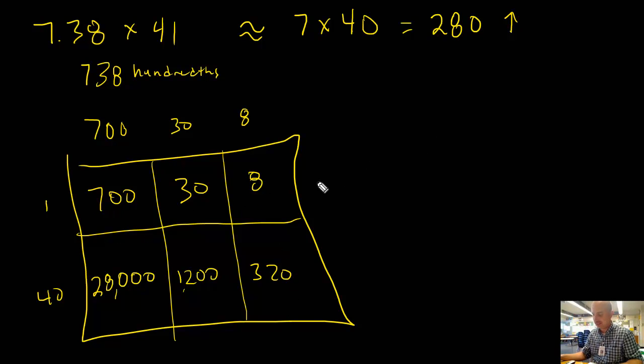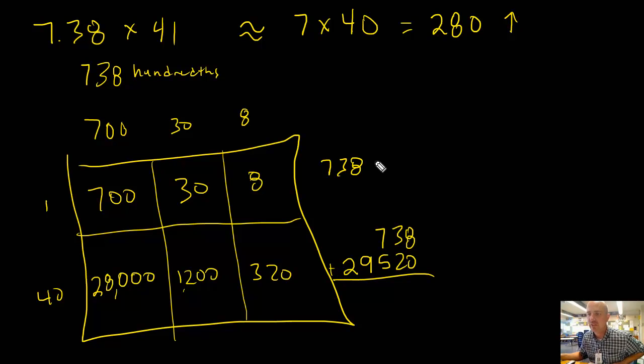So if I go ahead and add to the right, I'll be looking at 738. And if I add this to the right, I'm looking at 29,520. All right. And if I go ahead and add those up, 738.